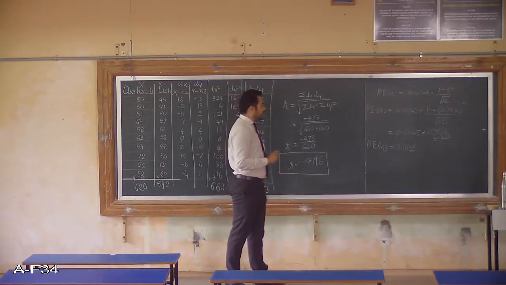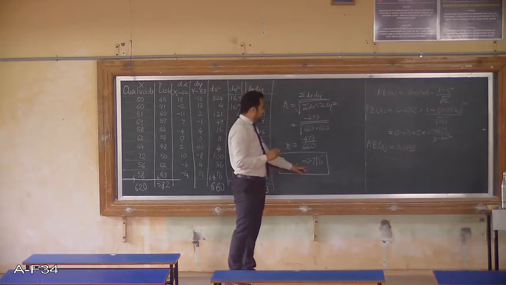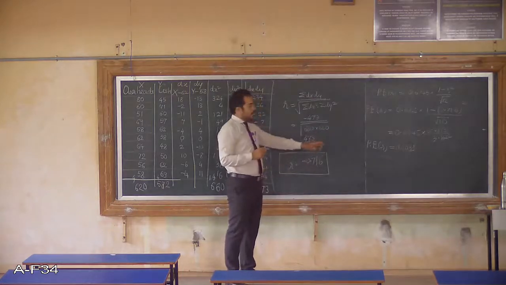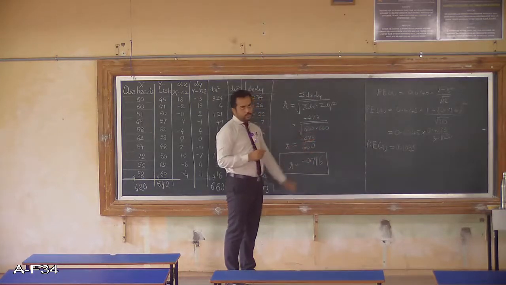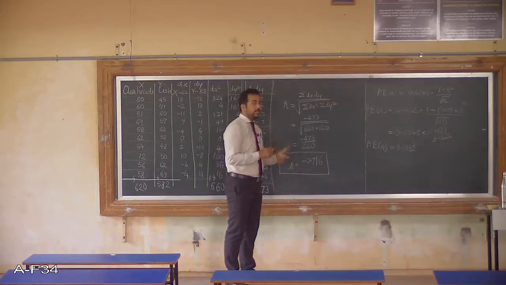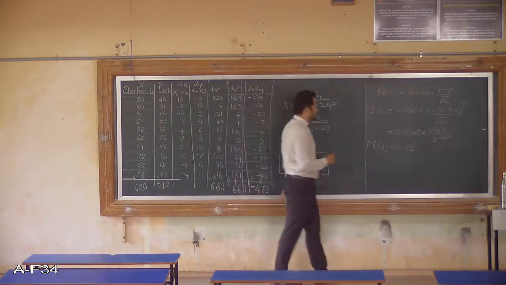Now we need to check. The value of r is 0.716 and it is not less than 0.1039. So we have to check whether it is greater than 6 times 0.1039.